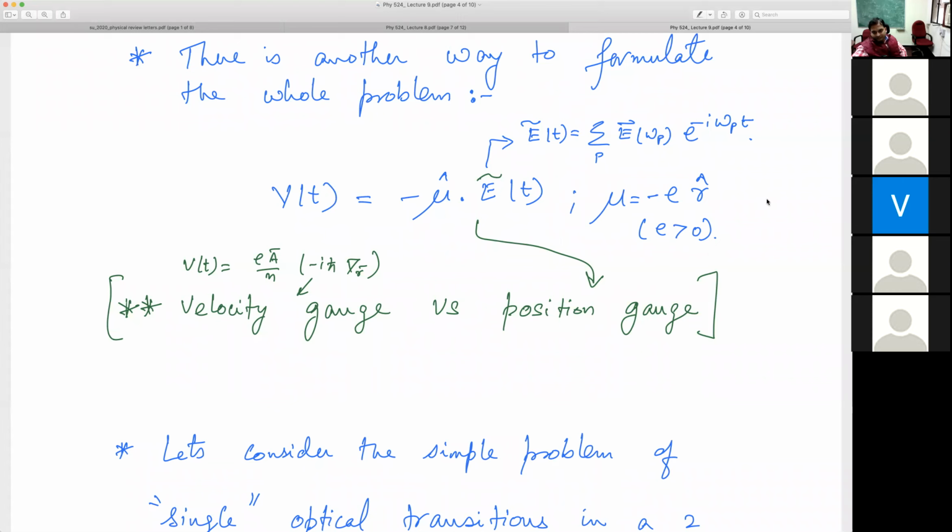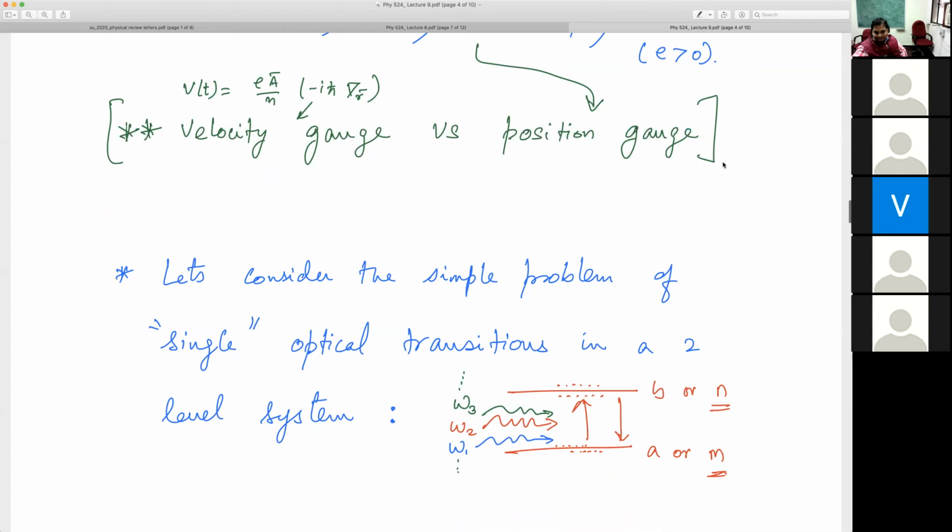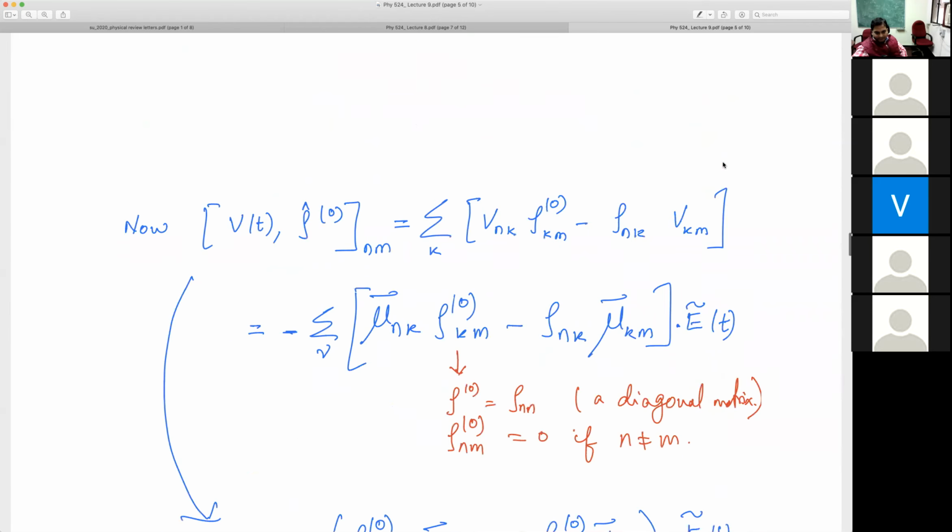So mu itself is minus e, the charge of the electron, times R, where minus e includes the sign, and e is always greater than 0. In a lot of papers I get confused whether e includes the sign of the charge or not, so I write it explicitly. A good practice generally.